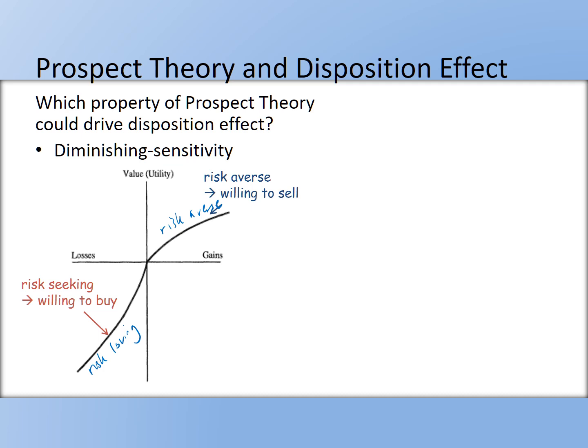You can understand that it's very appealing at first sight, because clearly there's a concave function, there's a convex function.